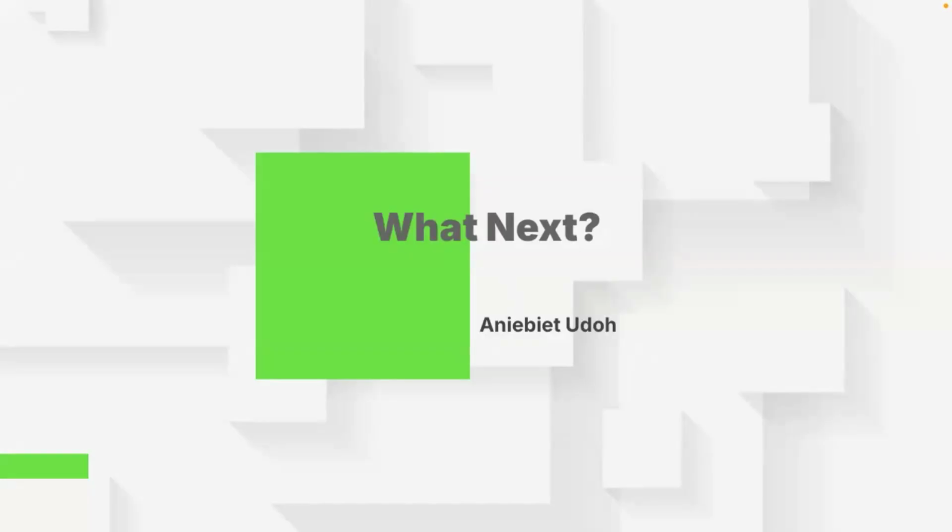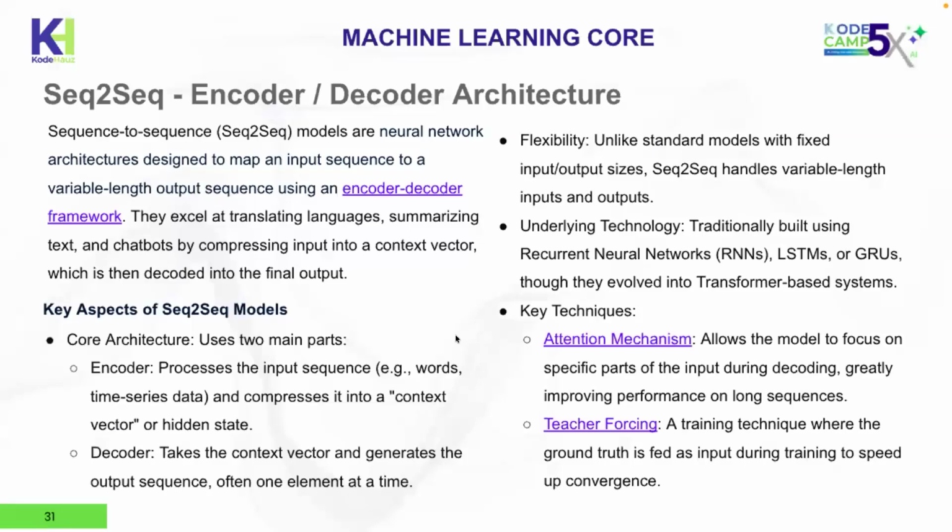And yeah, it was great. So this is kind of a summary of what I'm saying. It maps an input sequence to a variable length output sequence using the encoder decoder framework. So I've shown you how the encoder and decoder work. And they were used for language translation, summarizing text.